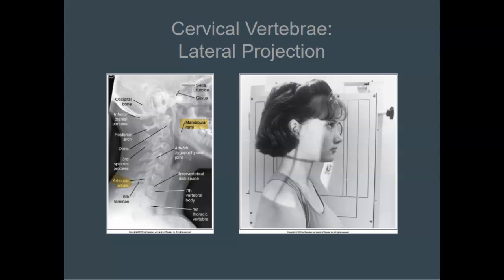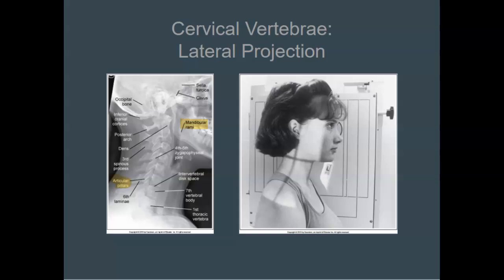The superior and inferior aspects of the right and left articular pillars and zygapophyseal joints of each cervical vertebra should be superimposed. The intervertebral disc spaces should be open. The posterior arch of C1 and the spinous process of C2 are in profile.